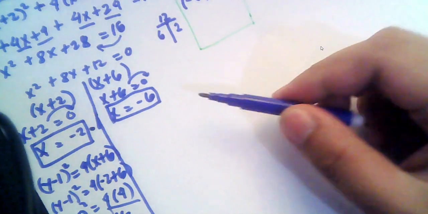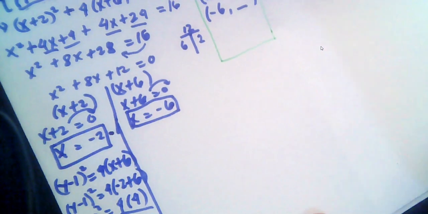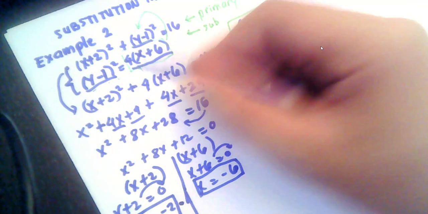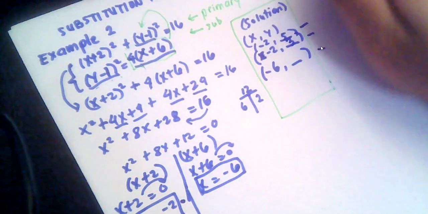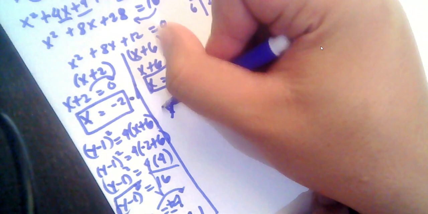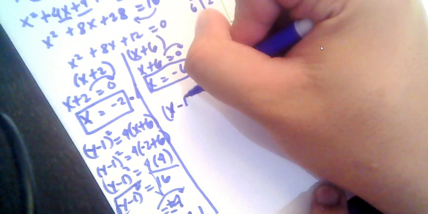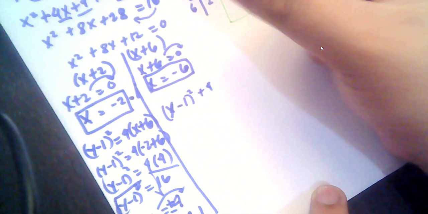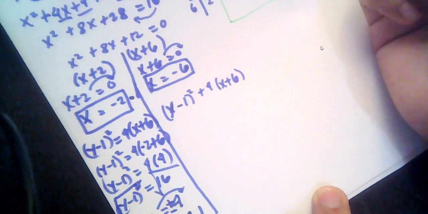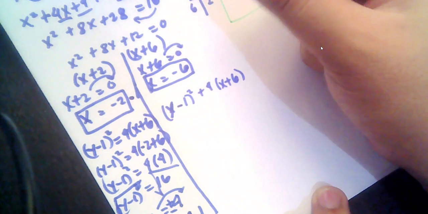Let us not forget negative 6. So how to do that? We have to substitute it into this equation. We can choose either. You can choose this one too. Still has the same answer. So you have y minus 1 squared equals 4 times x plus 6.